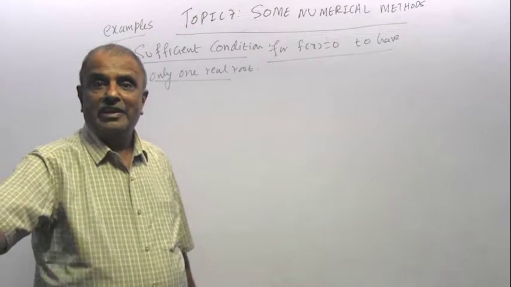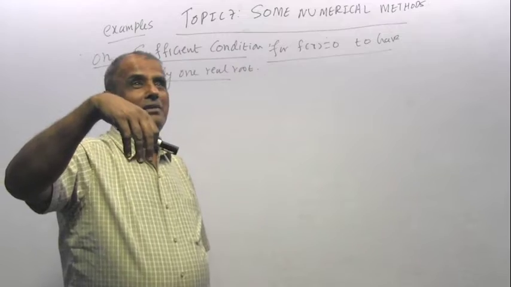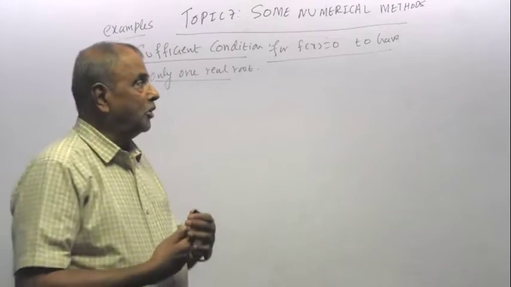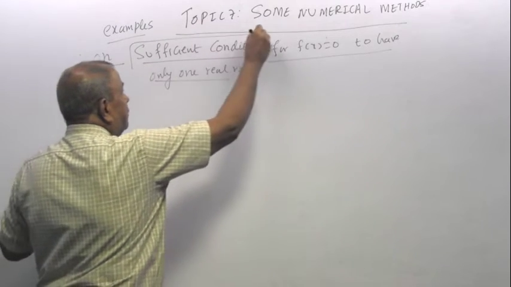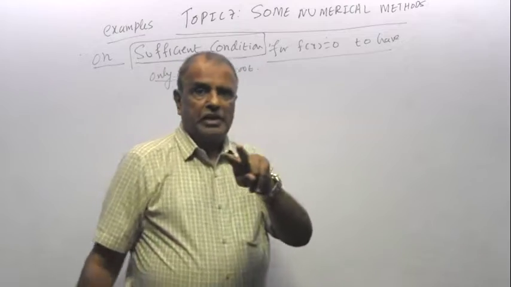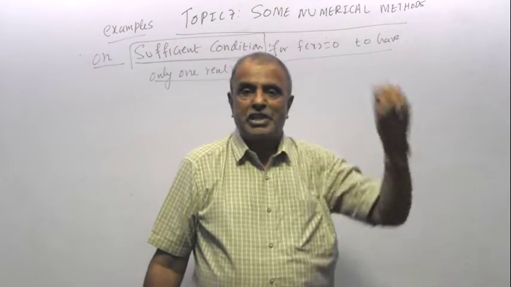And then it says, by taking this iteration, show that. And you see, I have used a word, sufficient condition. There are two types of conditions. One is a necessary condition, another is a sufficient condition.